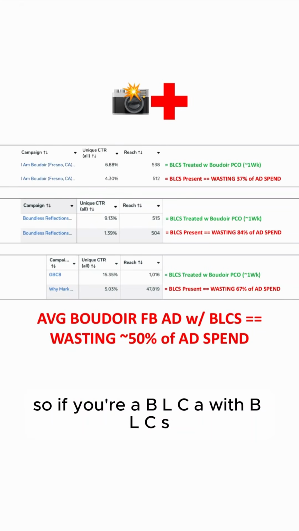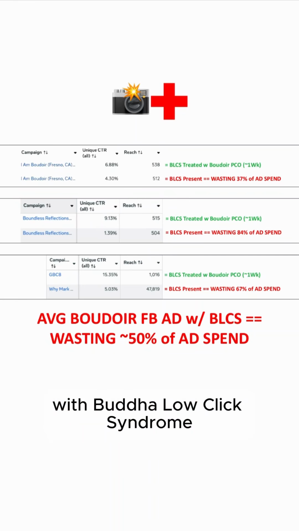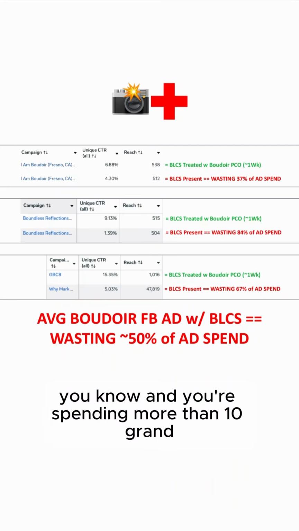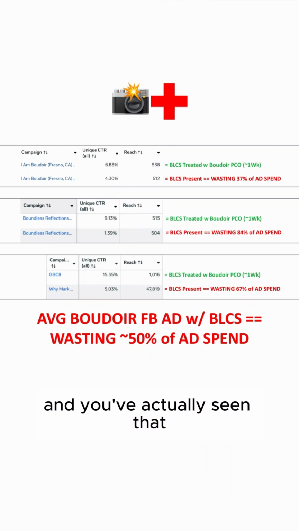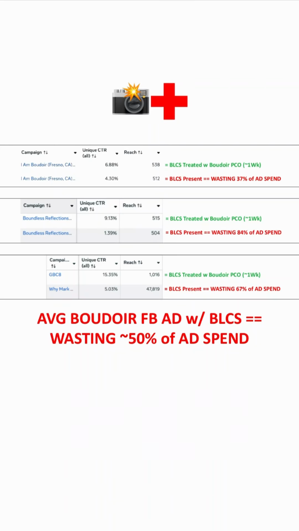So if you're a BLCA with BLCS, if you're a Boudoir low-click advertiser with Boudoir low-click syndrome, unique CTRL under 6%, and you're spending more than 10 grand a month on Boudoir Facebook ads, and you've actually seen the boudoir photographer market get more and more saturated day by day.